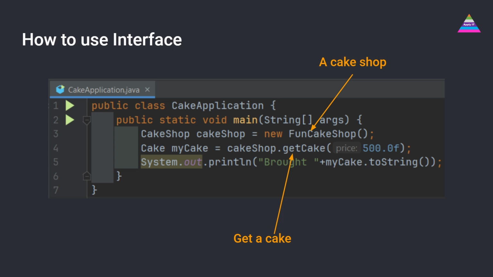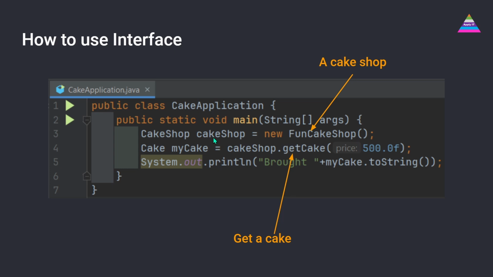Now let's understand how to use an interface. We create a reference variable of the CakeShop interface, and we assign it some object which is implementing that CakeShop interface. We have one class called FunCakeShop which is implementing that interface. So we create an object of that class and we assign it to this CakeShop interface.